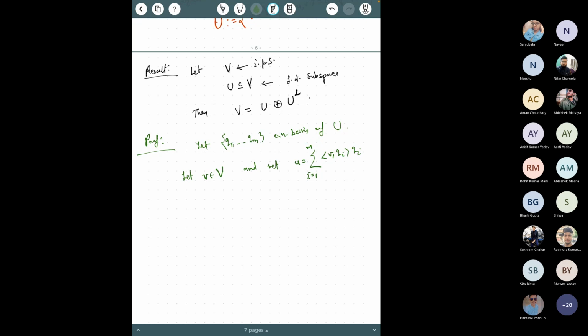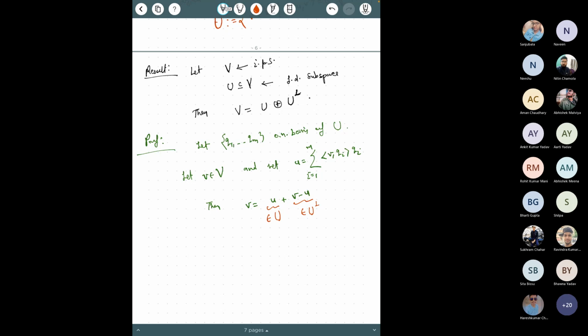With this, I can write V as u plus V minus u. You will see why I have chosen it in this way. Clearly this u is in the subspace U, because it's a linear combination of Q1 to Qm. And you can also verify that this V minus u, you can call it w, is in U perp.